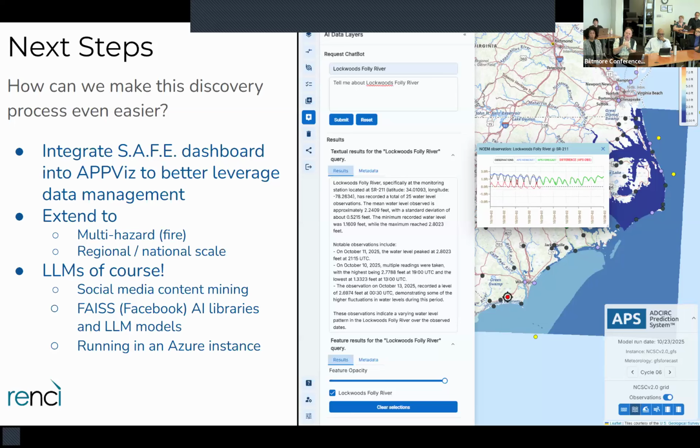This example on the right-hand side is a little bit hard to see up here, but it's a chatbot that is real. This is not a mock-up, although I would say it's not really in production. But the idea is that if you had NGO data behind this, as well as other multi-hazard information, fire, tornado, things like that, you could ask, here's an event coming.